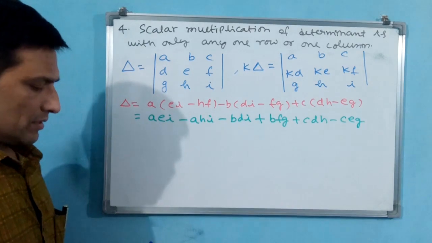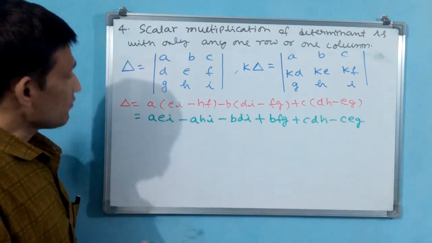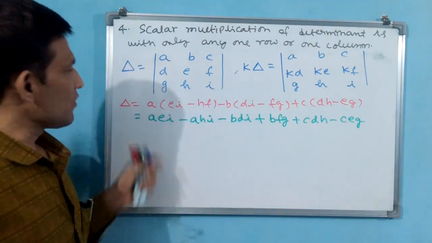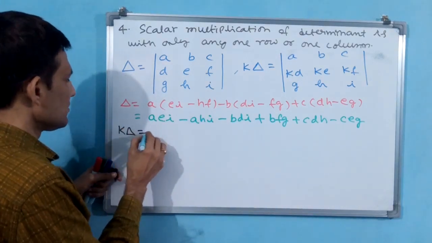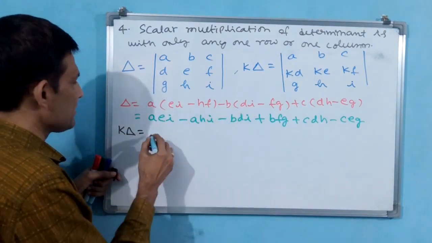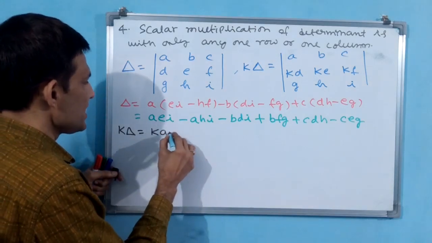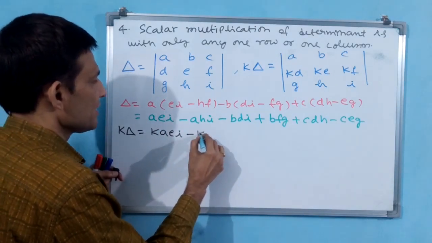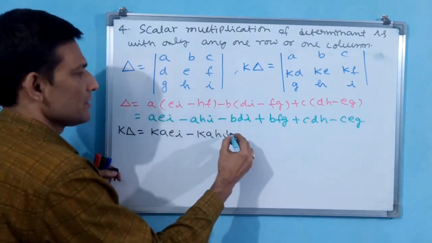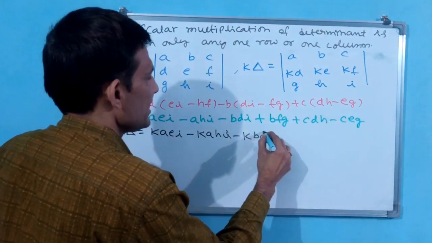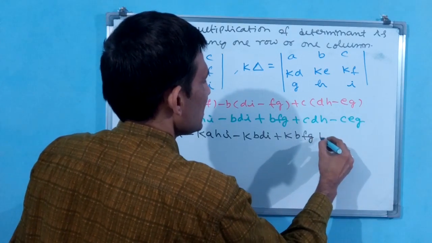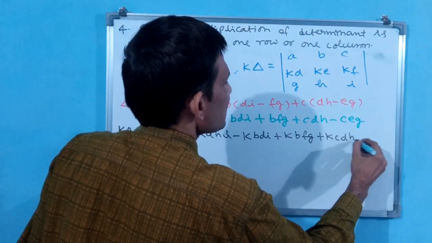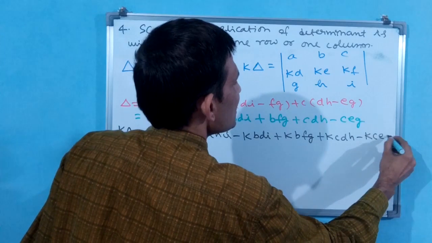Now we have expanded also. What we have to do now? K delta we have to find. That means we are multiplying with K. Then KAEI minus KAHF minus KBDI plus KBFG plus KCDH minus KCEG. Is it correct?